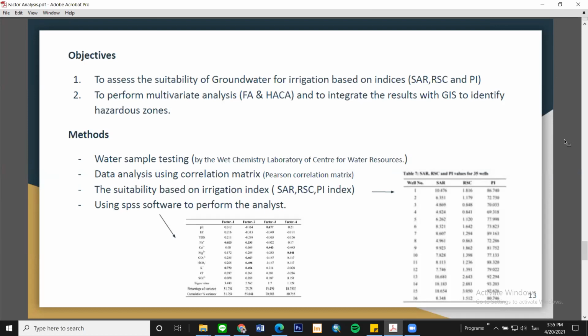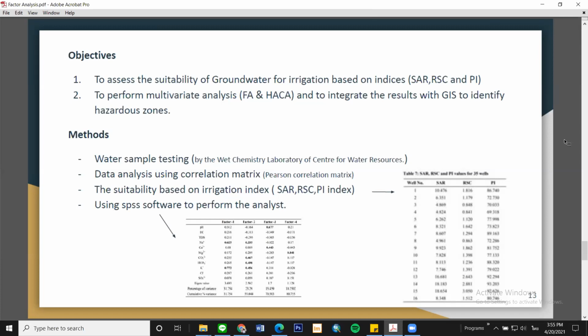And after that, we use the index suitability based on integration index. We will get the table on the right side.